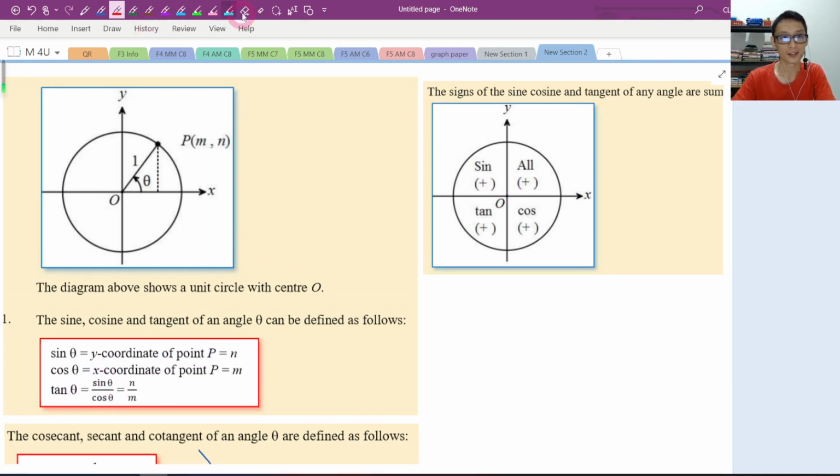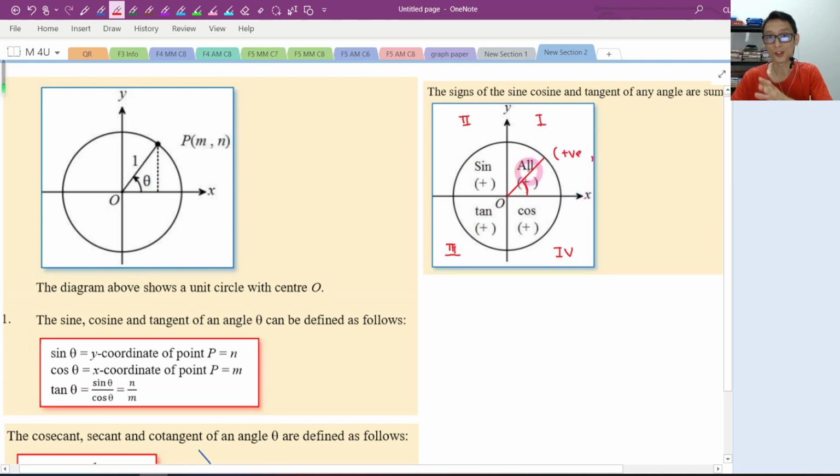Let me explain this way. Now, if you have an angle over here, sine theta, so we know that both of the coordinates will be positive, right? This is the first quadrant, this is the second quadrant, this is the third quadrant, and the last one is the fourth quadrant.